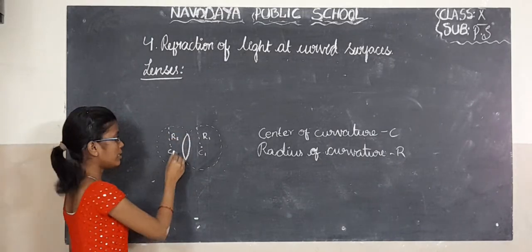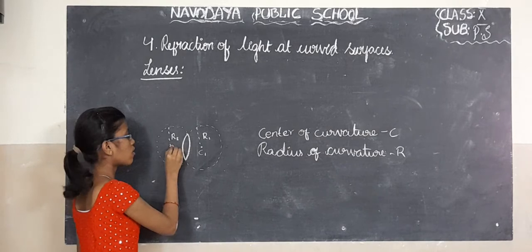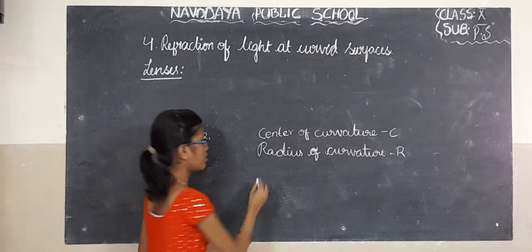The distance between C1 and C2 is called principal axis.